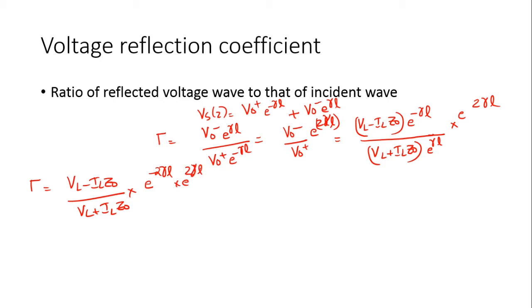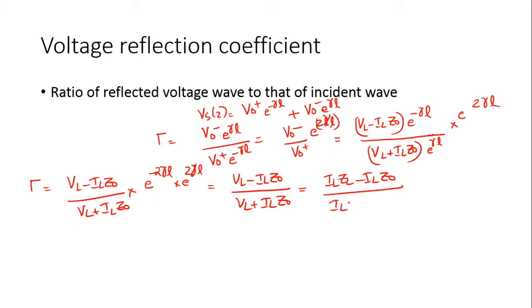So both these will be cancelled and you will be getting (VL minus IL Z0) divided by (VL plus IL Z0). Again you substitute VL is equal to IL ZL. So (IL ZL minus IL Z0) divided by (IL ZL plus IL Z0). What you will be getting is ZL minus Z0 divided by ZL plus Z0.